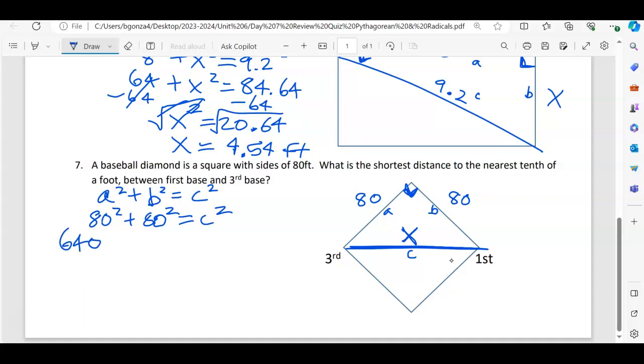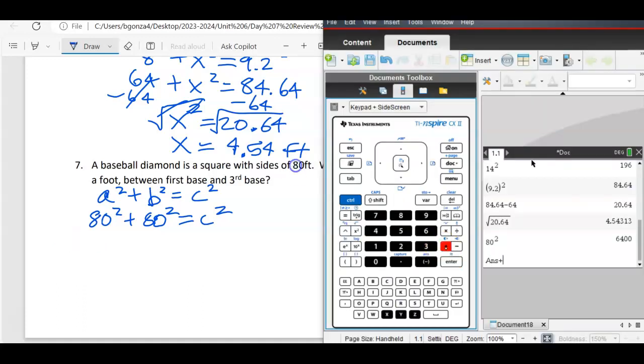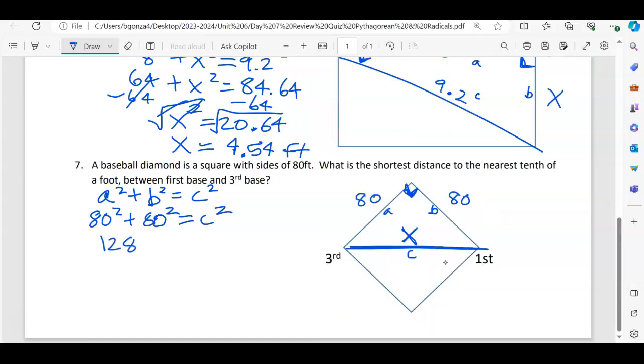What is 80 squared? 6,400 plus 6,400. Let's do this in one step. 12,800. And it says nearest tenth, so you're going to round a decimal. So when I square root, this is x, by the way.